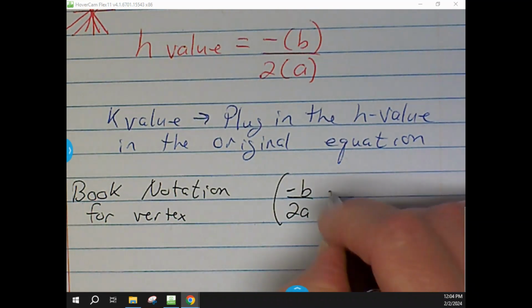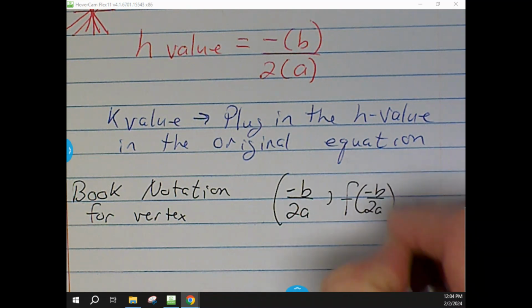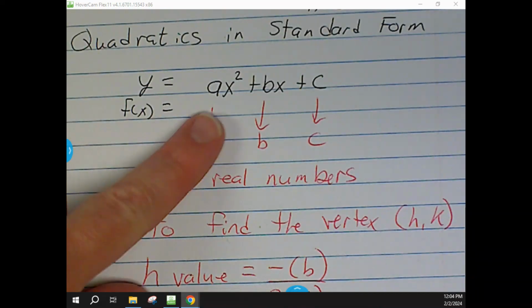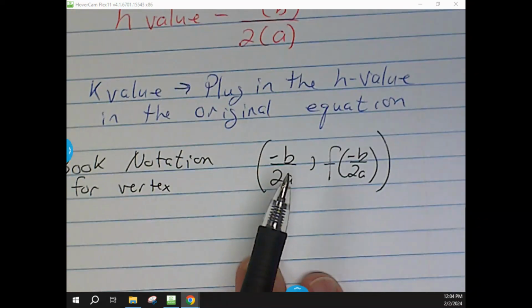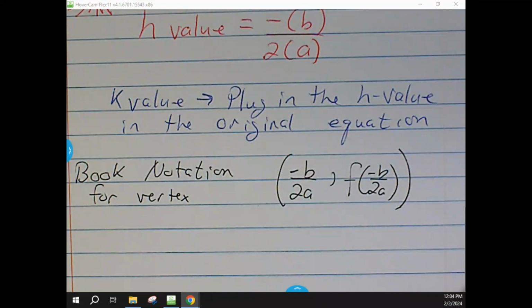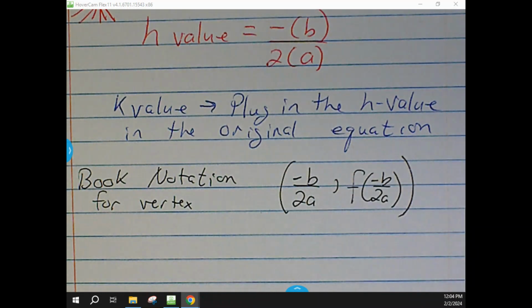And then they're going to do a comma and then F of negative B over 2A, where they take this number and plug it back into this F of X that equals this thing back here. So whenever you see this, if you happen to do the view an example or anything like that, just realize when you see that part that they're still talking about the vertex.